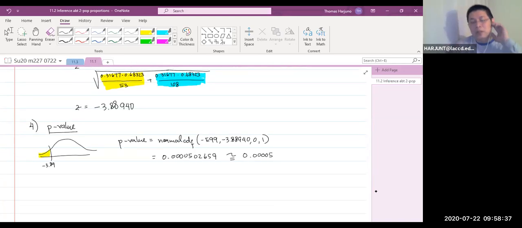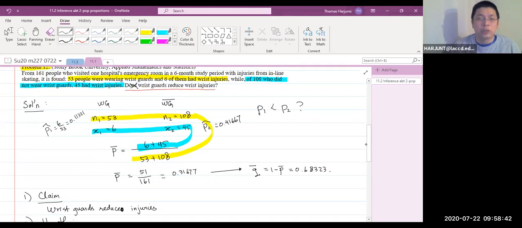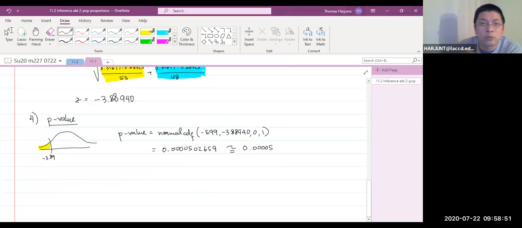So the probability that risk guard does not reduce risk injury, given these samples here, is so small. Is it possible that even with this sample, it comes from the situation that risk guard does not reduce injuries? It's still possible, but the probability is so small.